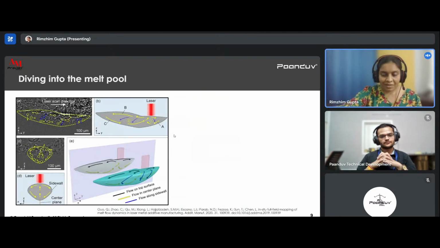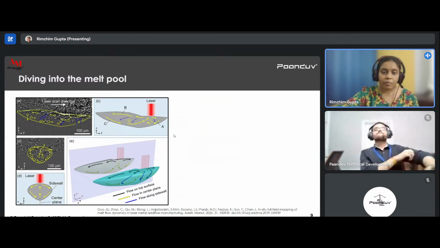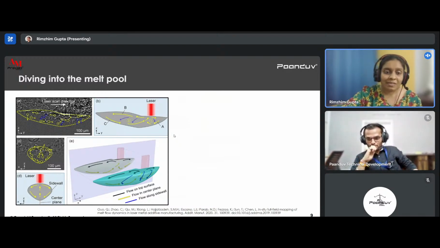Now let's just scratch the surface a little bit and know more about the melt pool. We can categorize the melt pools in three categories, starting from conduction mode, transition mode, and the keyhole mode. Conduction mode is when the aspect ratio of the melt pool is around 1, and when it starts getting greater than 1, it goes to the transition mode, and thereafter it goes to the keyhole and porosity mode.